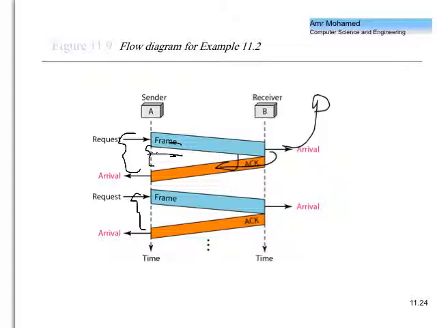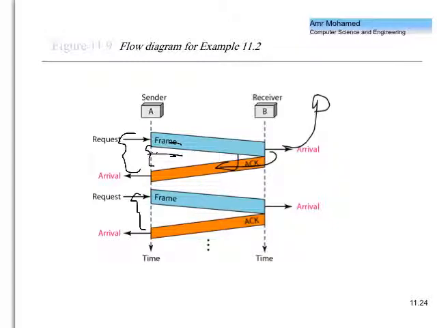So a more efficient way is just to pour the water in a faster manner, but enough to make sure that it's going to the other side without really pouring the whole water in the pipe, which might cause some problems. So I need to send multiple frames at a time, but I also need the receiver to tell me whether what I'm sending is actually being absorbed or not.